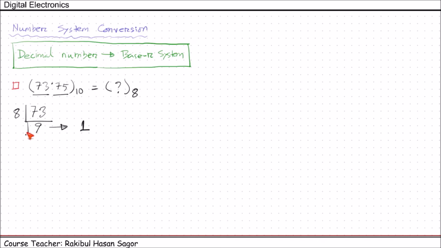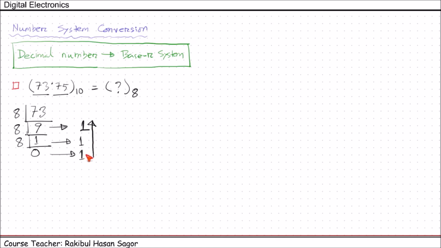Again, let's keep dividing by 8. It's 1, and we have remainder equal to 1. And we can divide this 1 by 8 again. We can do it or we may ignore it. Let's show it to you. 8, then the result will be 0 and the remainder will be 1. So this 1 will come here. So the writing order will be like this.